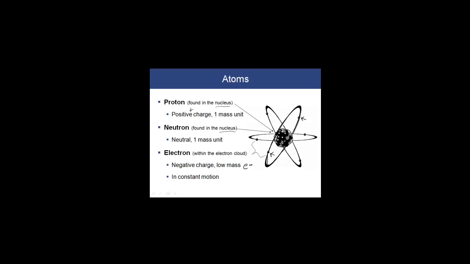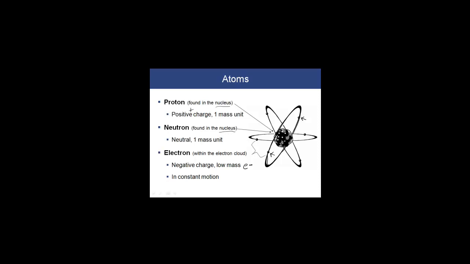Electrons are constantly in motion around that nuclear core, around the nucleus of an atom. Let's stop here and think, what would keep electrons orbiting around the nucleus? Well, hopefully you've come up with an answer of charges.